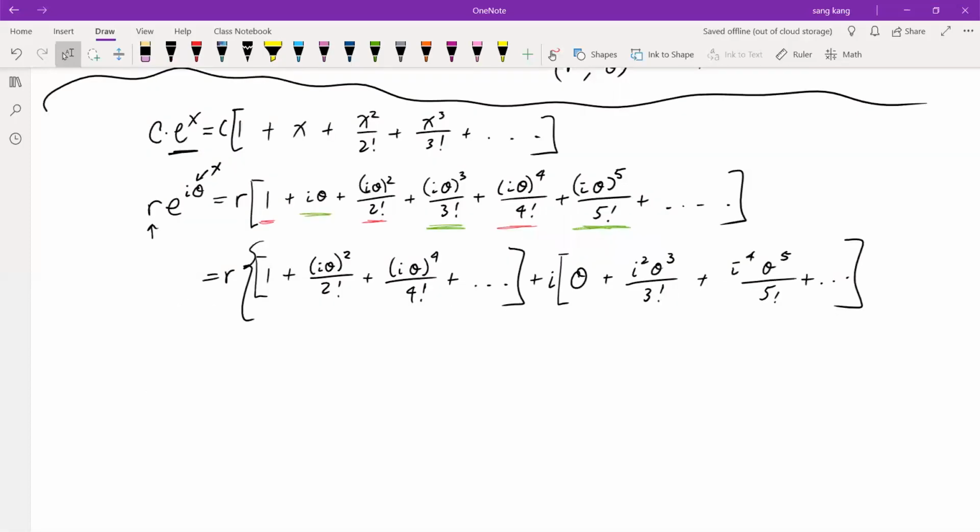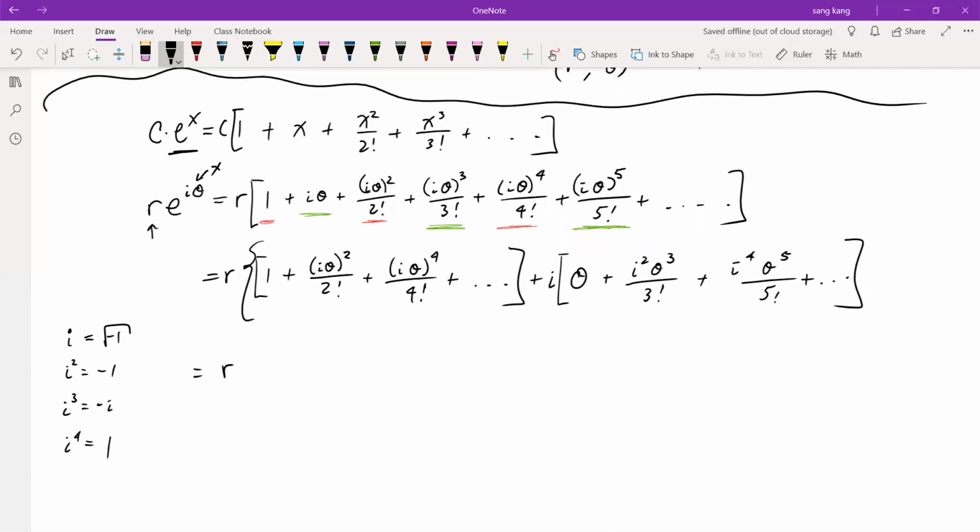And now we use what we know about i's, right? i is the square root of negative 1, i squared would be negative 1, i cubed would be negative i, and i to the fourth would be back to 1, right?